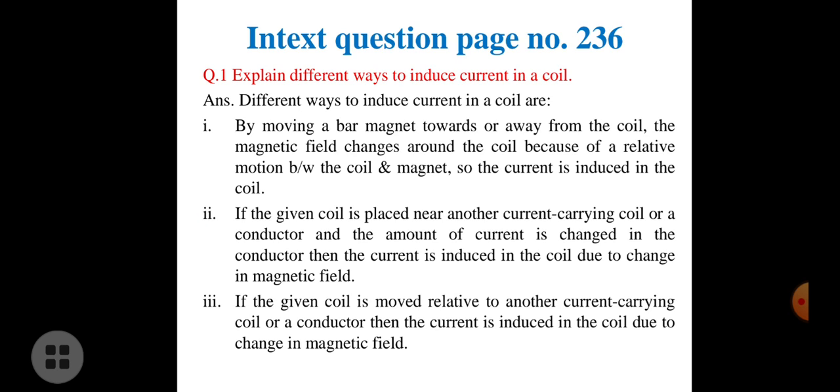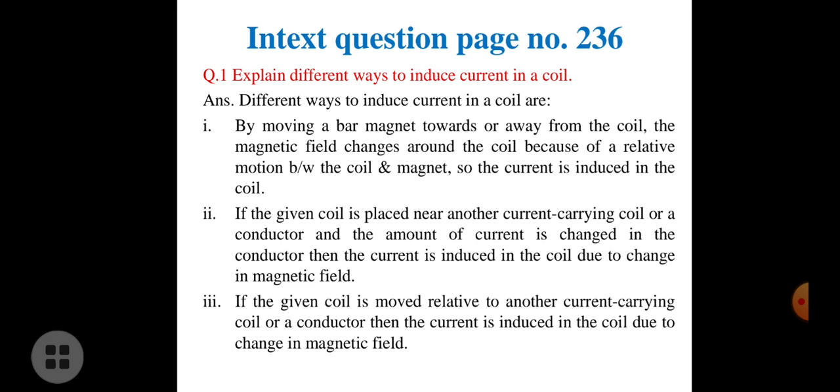Now, in the text question, explain different ways to induce current in a coil. Number 1, by moving a bar magnet towards or away from the coil, the magnetic field changes around the coil because of relative motion between coil and magnet, so the current is induced in the coil.